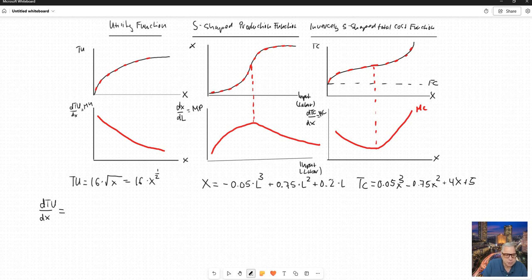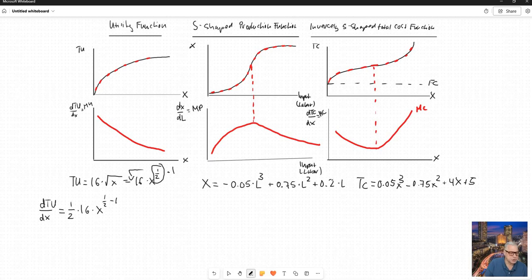Here we see an exponent of 1/2, so that goes in front of the function. So we have now 1/2 times 16 times x raised to the 1/2. That is the first step. We take the exponent, bring it down, but then in a second step we have to subtract 1 from the exponent. I don't know why that is. Somebody much smarter than I am figured that out, but this is just the rule.